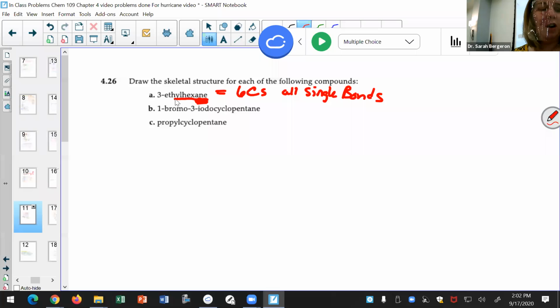Okay, so we have 6 carbons, they're all single bonds. What about the 3-ethyl part? Tell me in words what it's gonna look like. On the 3rd carbon, you have an ethyl group, but what's an ethyl group? 2 carbons.